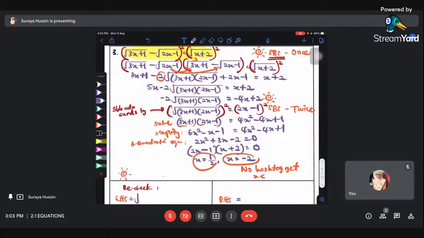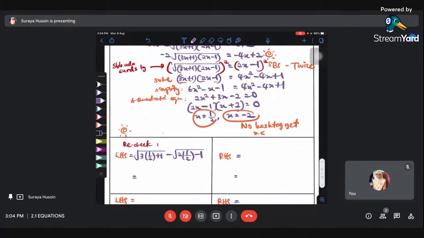The left hand side is square root 3 darab 1/2 tambah 1 tolak square root 2 darab 1/2 tolak 1. So you use your calculator and you straight away get an answer which is square root 5/2. Terus je tekan calculator, tak payah susah payah kira satu demi satu.